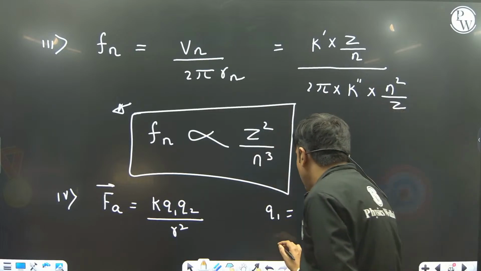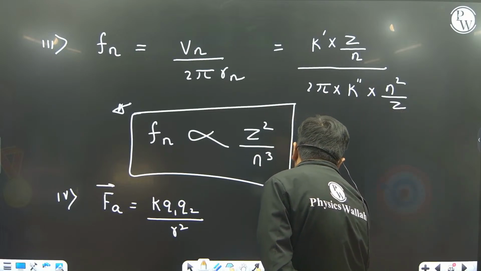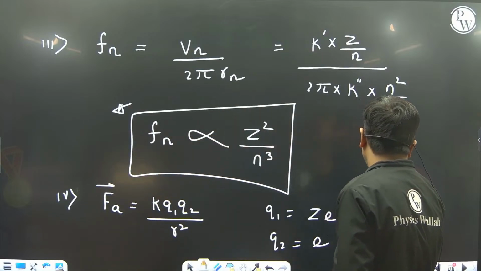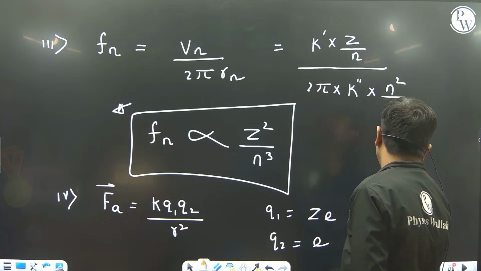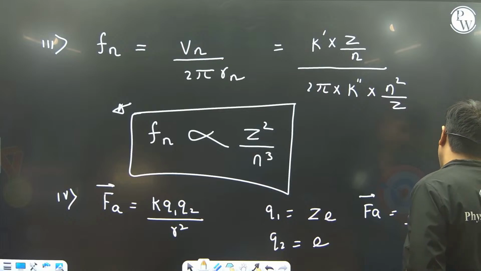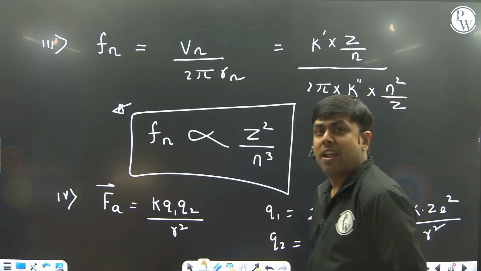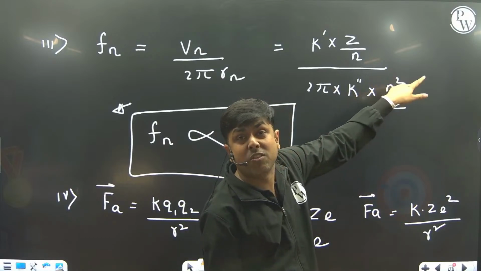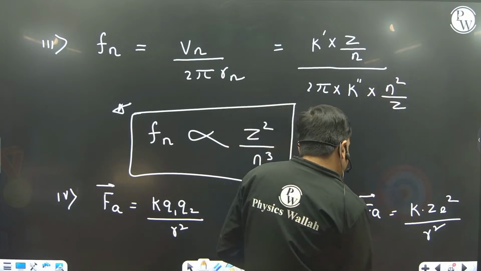What is Q2? Q2 is the magnitude of charge possessed by the electron. So its force of attraction will be equal to K Z e square upon R square. And now R is nothing but n square by Z, and that too whole square.